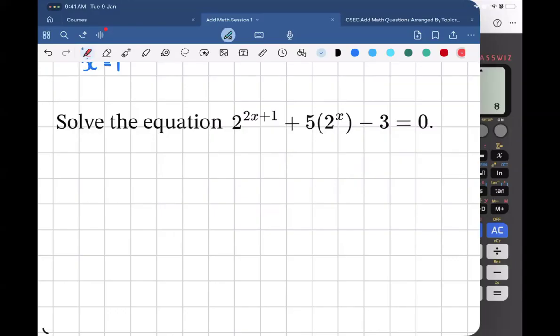And if there's a sum, again, if you had 5 to the power 3 plus 2, that would have meant 5 to the power 3 by 5 to the power 2. So what do you think 2 to the power 2x plus 1 could be written as? 2 to the power 2x multiplied by 2 to the power 1. Excellent, or 2. Right? 2 to the power 2x multiplied by 2 to the power 1. Excellent. Then we're going to write 5.